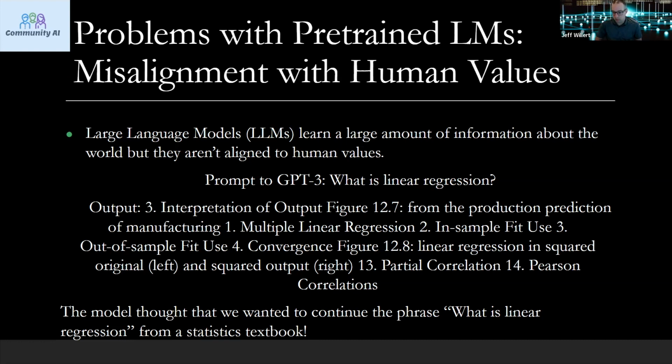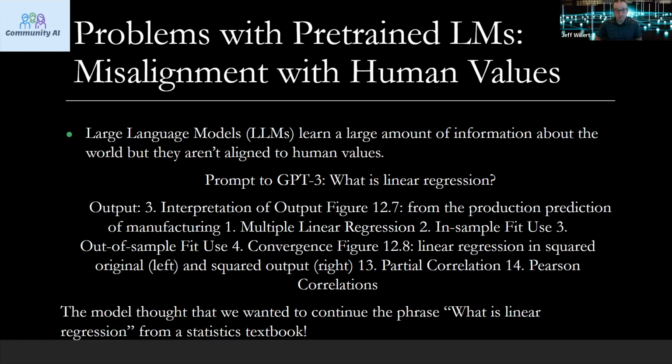And so here's an example of one way in which things can go wrong. If you were to prompt GPT-3 and just ask, what is linear regression? You might get this blurb of text below: Output 3, interpretation of output figure 12.7 from the production prediction of manufacturing. 1, multiple linear regression. So what is it doing? Is it wrong? Well, it's a tough question to answer.